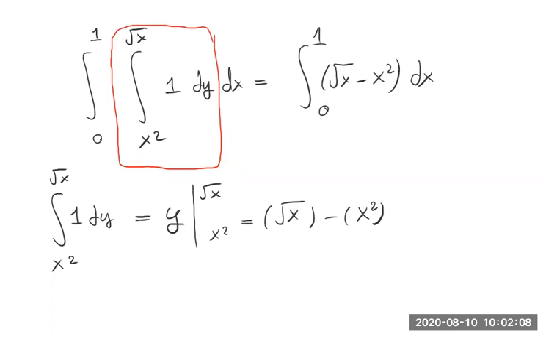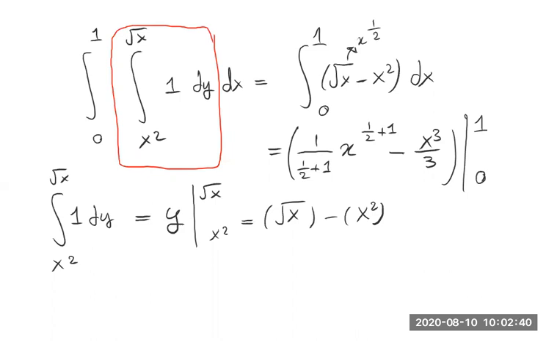So what is the integral of square root of x? Square root of x is x to the power 1 over 2. The integral of x to the n is 1 over that power plus 1, times x to that power plus 1, minus the integral of x squared, which is x cubed over 3, and then I plug in the numbers 1 and 0. This number here is 3 over 2, and 1 over that is 2 over 3.